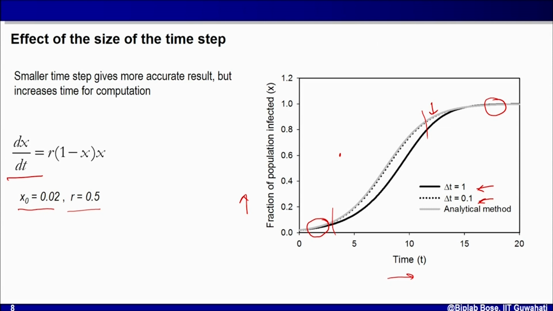But when you take a bigger delta t, we get an erroneous result, and that is shown by this black line. So as I said in the previous case, the correctness, the goodness of approximation, will depend upon what delta t we are taking. The smaller the delta t, the better the result we'll get, and the error will be lesser.